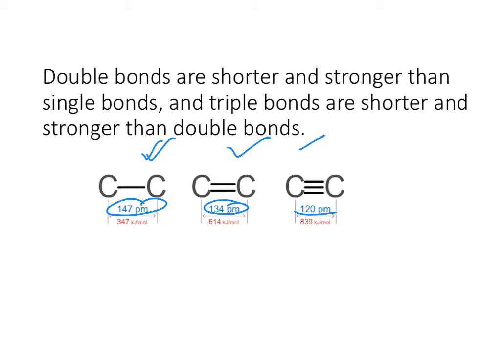And a triple bond is yet shorter than a double bond. But even though the length is getting shorter, the bond strength is increasing. As you would expect, the carbon-carbon triple bond is the strongest of carbon-carbon bonds in general.